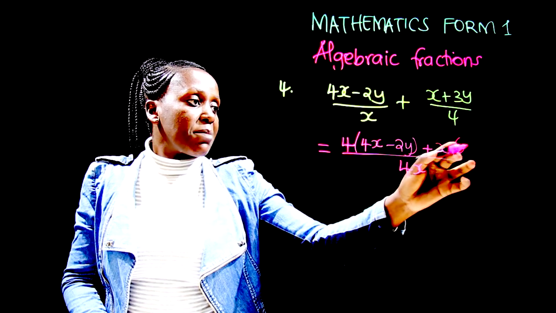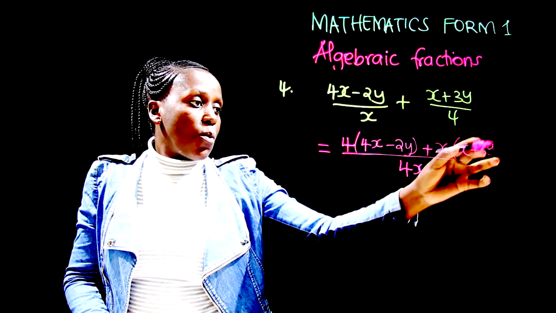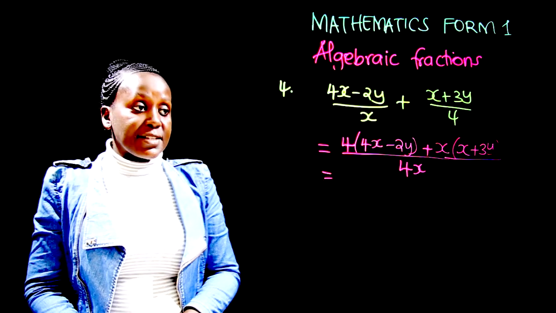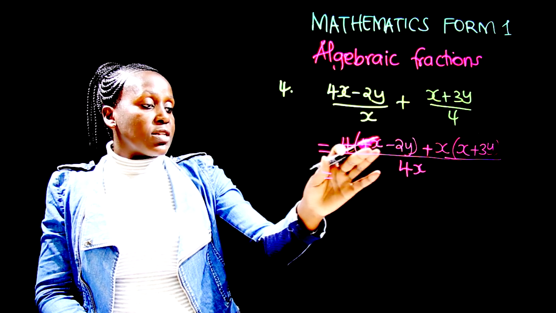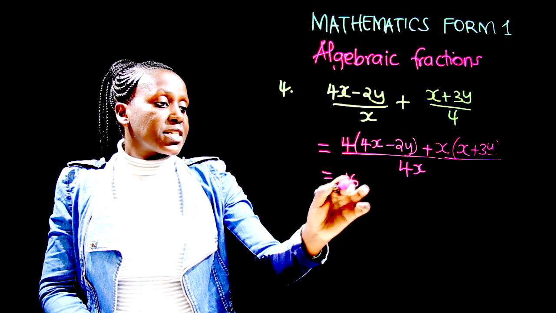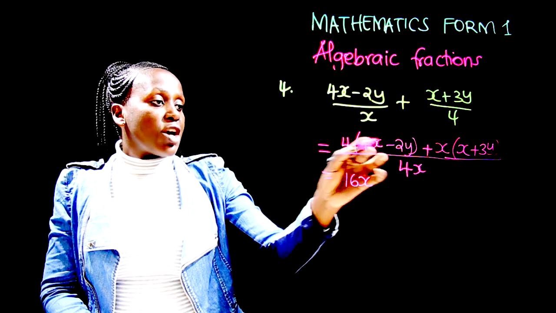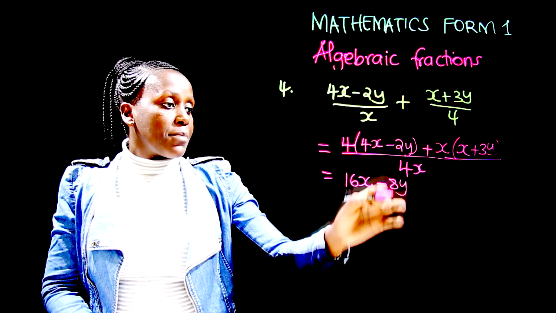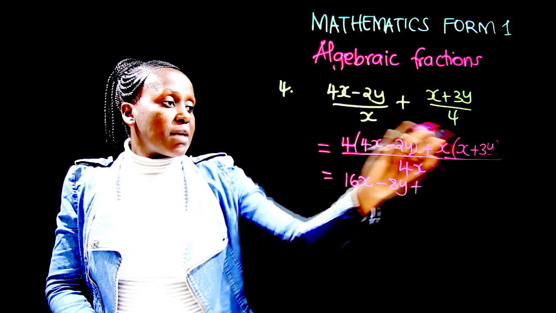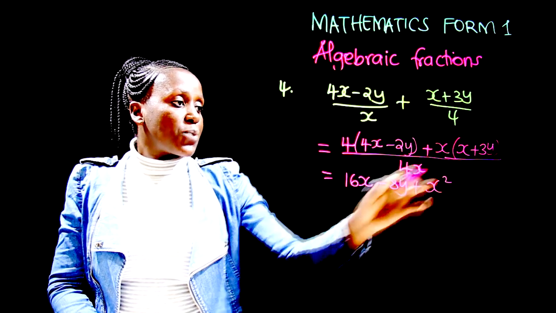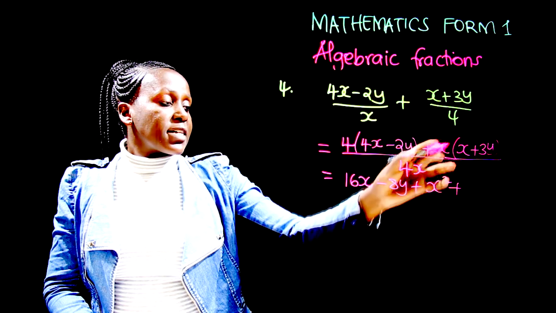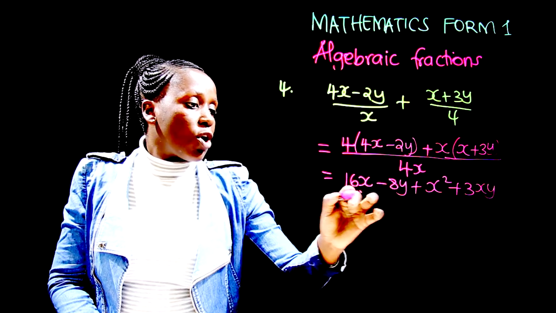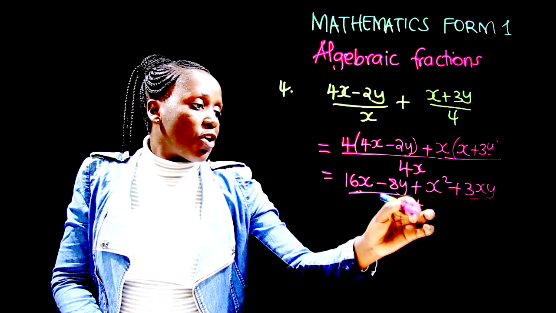So we multiply by x plus 3y. So next we open the brackets. So now we have 4 times 4x, which is 16x. 4 times negative 2y, which is negative 8y, plus x times x, which is x squared, plus x times 3y, which is 3xy. All that over 4x.